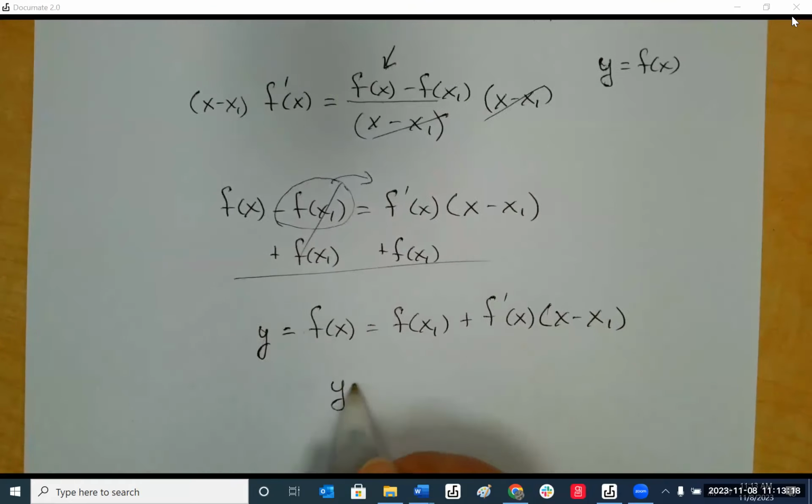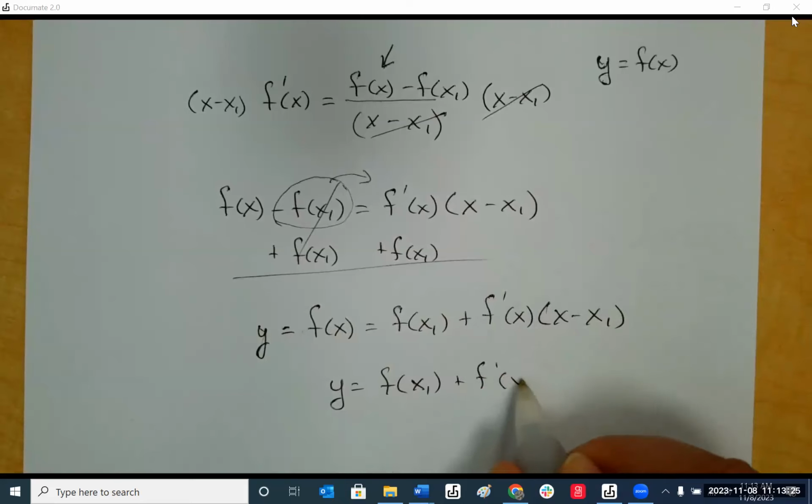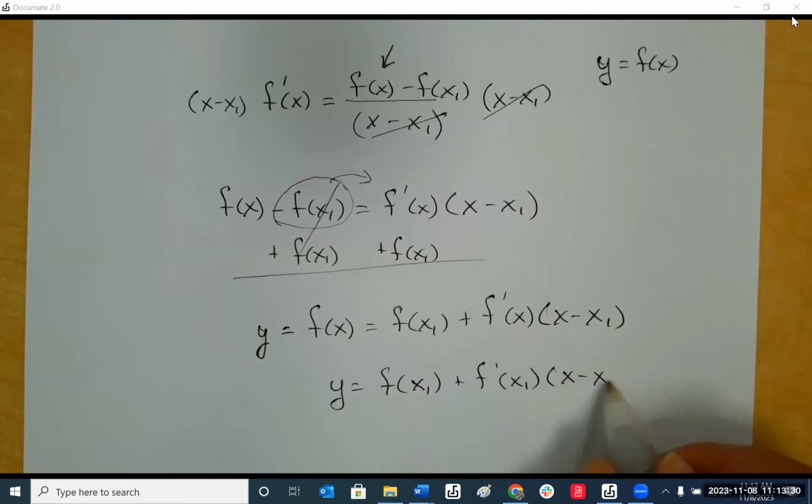So we have y is equal to f of x1 plus f prime of x1 times x minus x1.